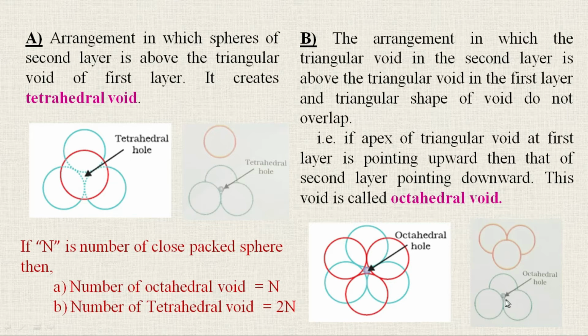It is formed by placing the trigonal void of the first layer over the trigonal void of the second layer. That is what we call an octahedral void. If n is the number of close packing spheres, then the number of octahedral voids is equal to n and the number of tetrahedral voids is equal to 2n.